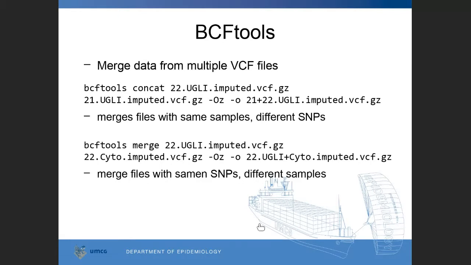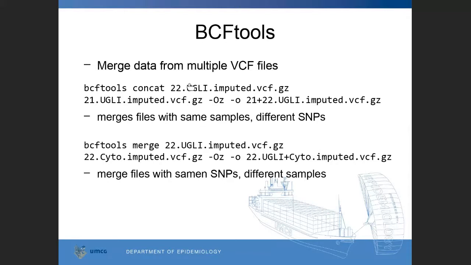Then another convenient tool is to merge data. So you can merge data from multiple VCFs. You have the concat and the merge commands. With concat, you combine files with the same samples but different SNPs.